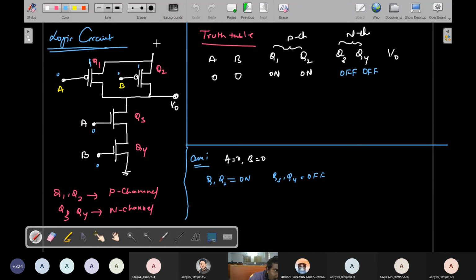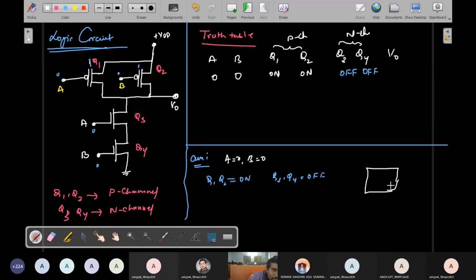Okay, so if you simply draw this, both are on. This is plus VDD, the drain voltage. Being on means saturation, which means it is short circuited. Simply take the short circuit of this box.